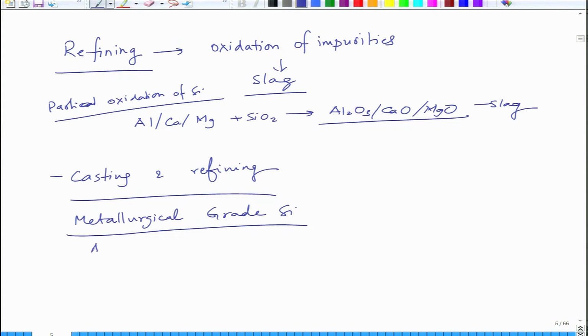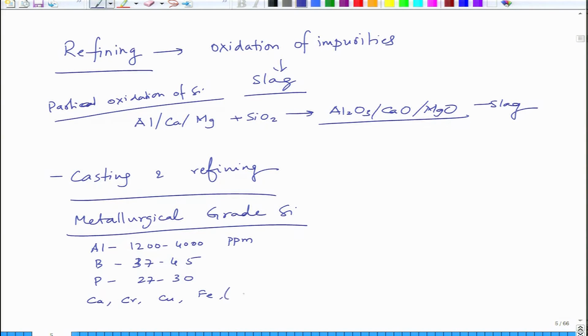We have aluminum of the order of 1200 to 4000 ppm, boron of the order of 37 to 45, all in ppm, phosphorus about 27 to 30, and then we have calcium, chromium, copper.